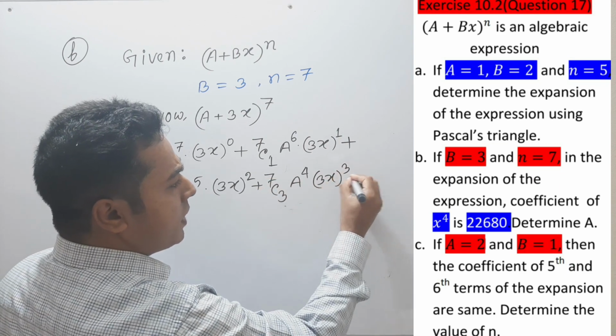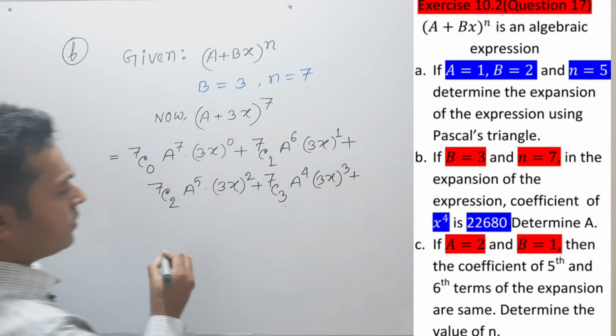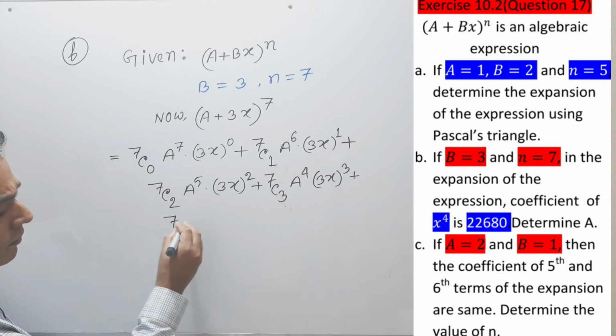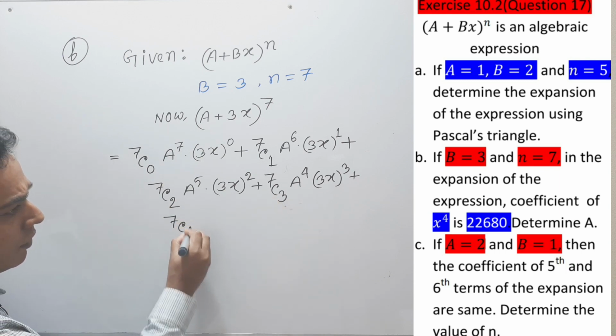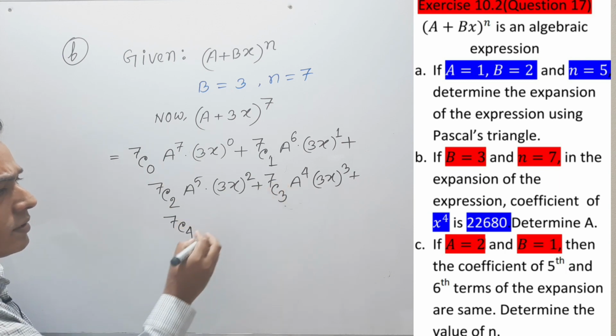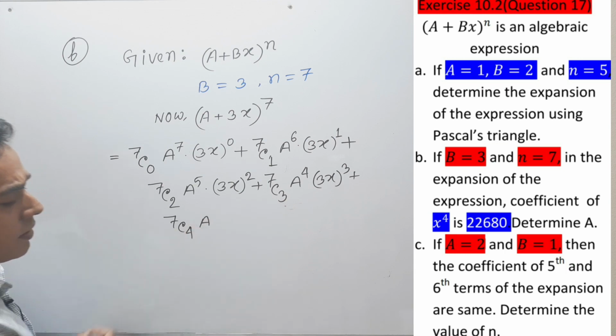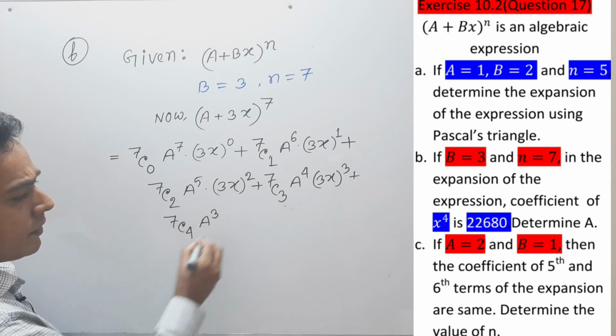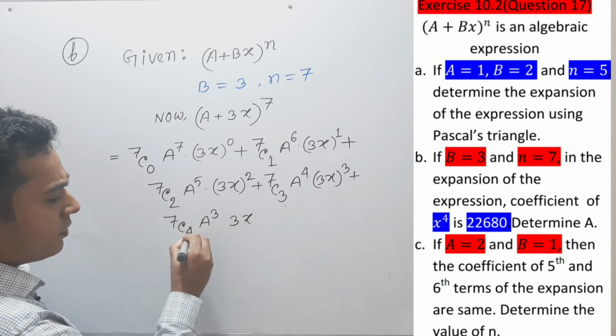But we need x to the power 4, so 7C4: the power of a is the difference, which is 3, and the second term is 4.